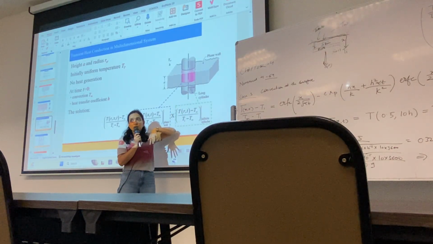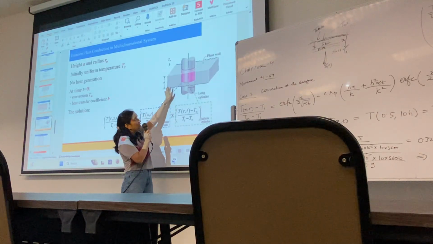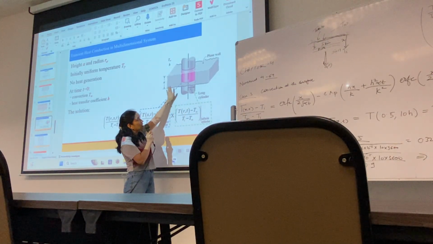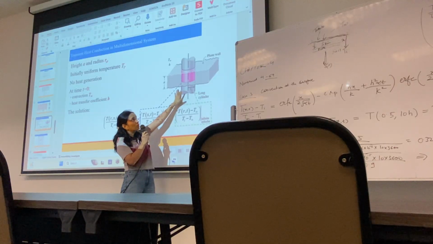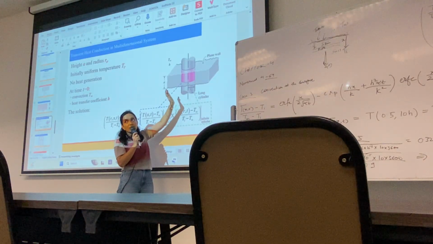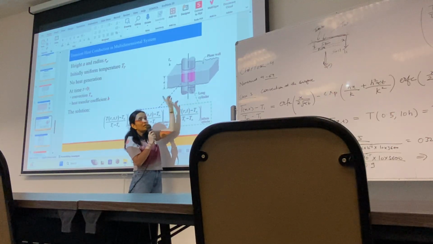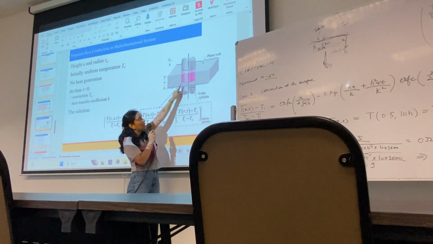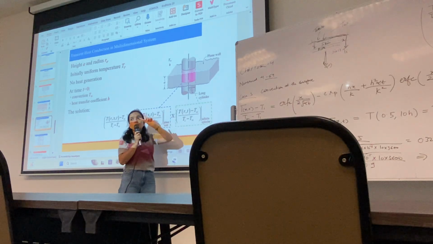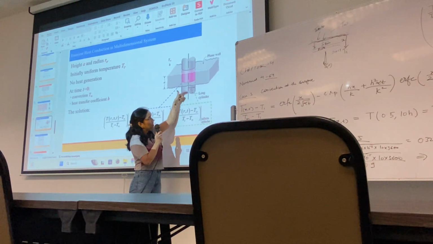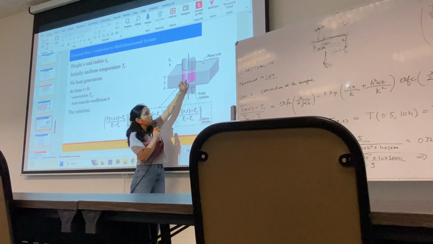You have to study heat transfer in this pink color region in two dimension, this dimension and this dimension, in this pink.